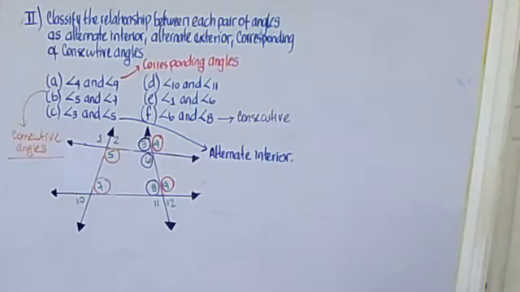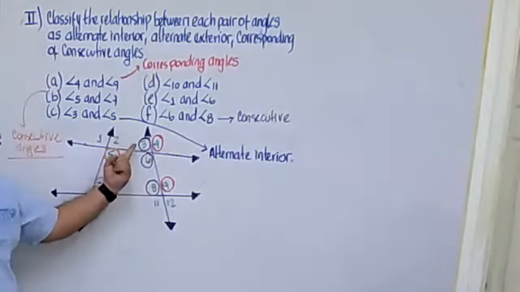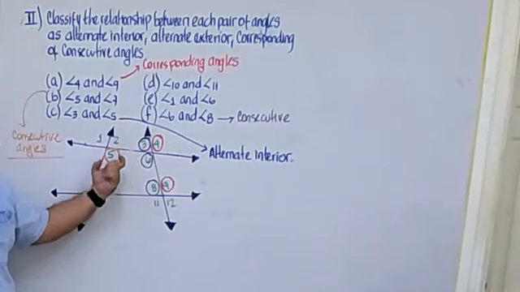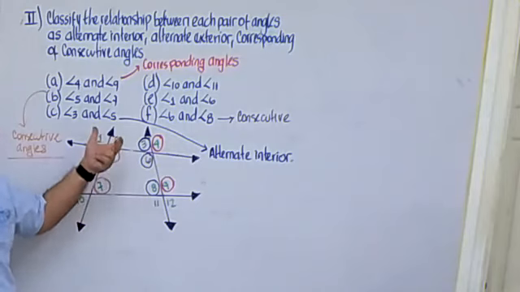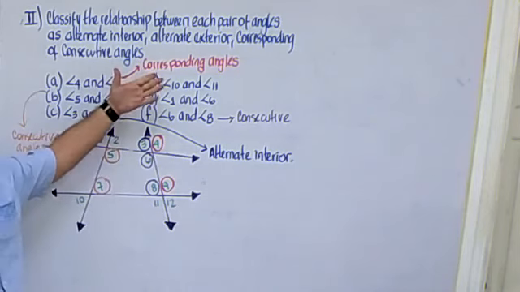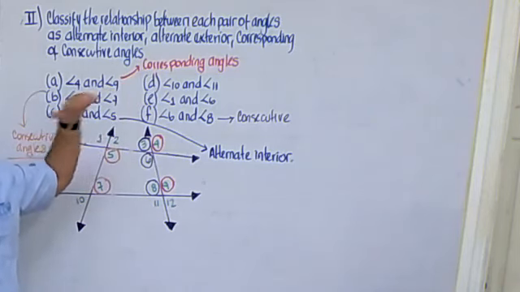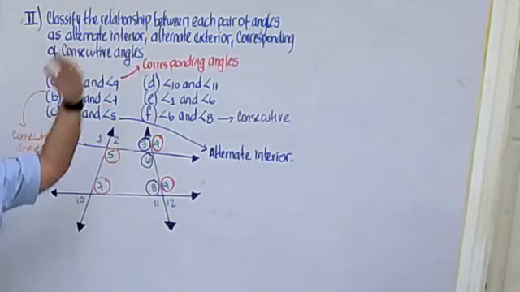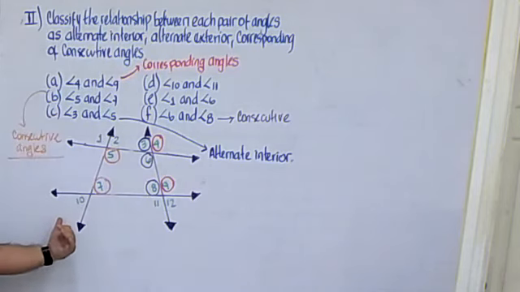Now, I have another question. Three is exterior though, so I don't understand why. The number 3 is exterior, and number 5 is interior. Remember, alternate exterior: we can take an outside angle with another outside angle.